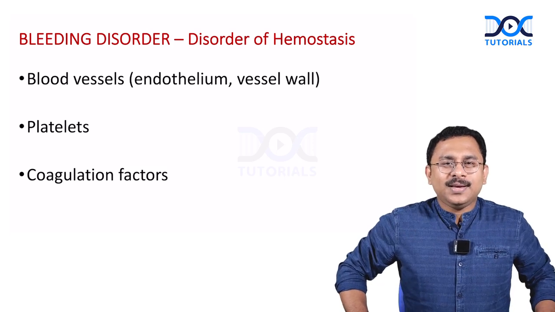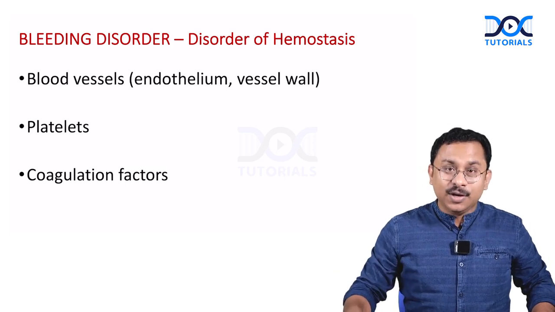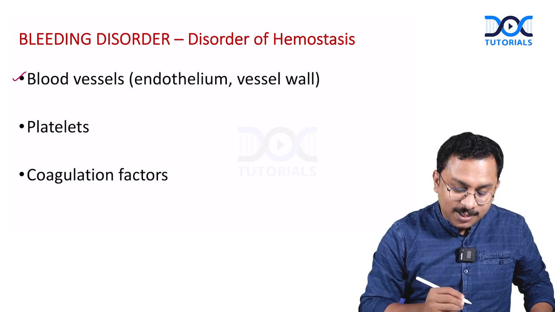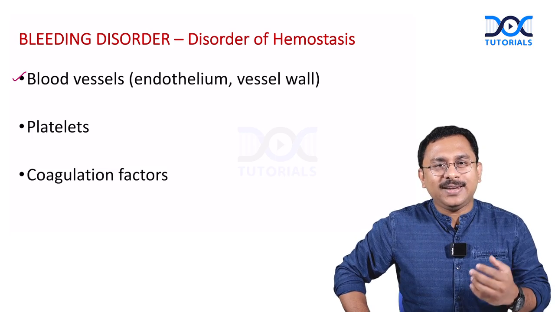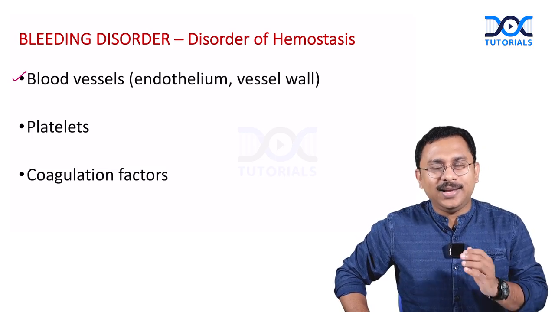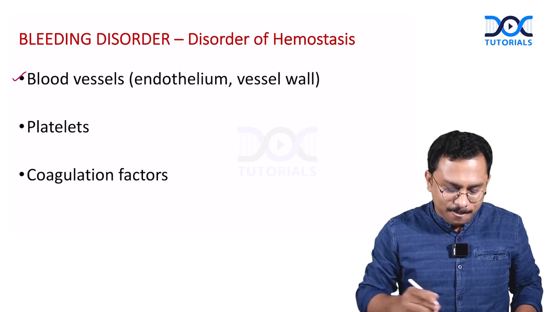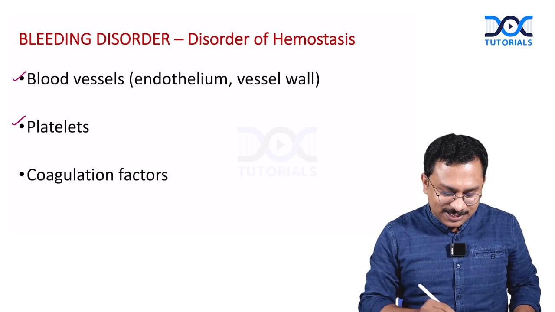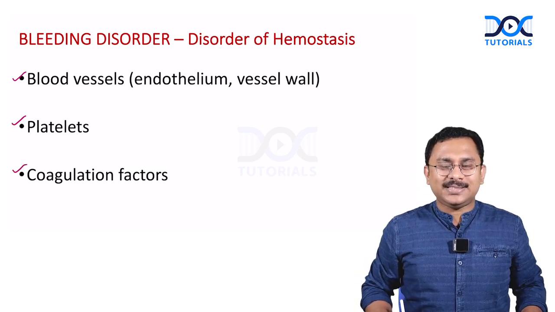Hemostasis. Now, when you talk of disorders of hemostasis, you've got disorders affecting either the blood vessels, which means a defect in the vascular endothelium, or a disorder involving the blood vessel wall. It can be a disorder involving the platelets or a disorder involving the coagulation factors.